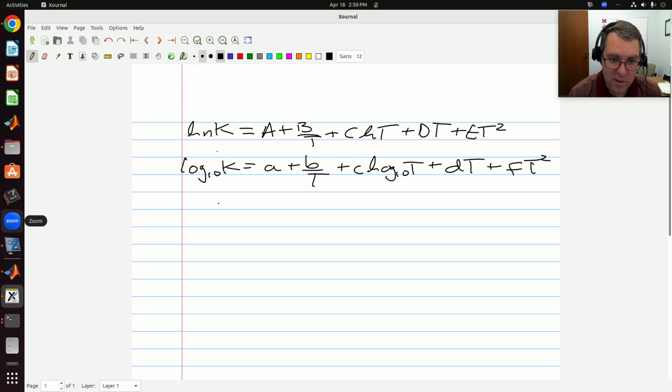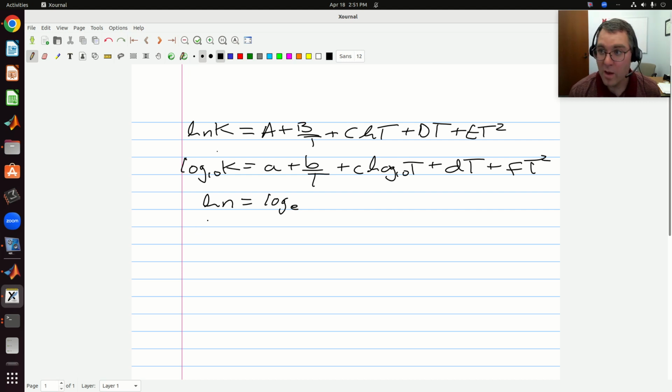Now the key is remember natural log is log base e. Converting from natural log to log base 10 comes up a lot. In my background in thermodynamics, it comes up a lot in terms of functional forms of my Clapeyron equation and converting equilibrium constants, as we're doing here.